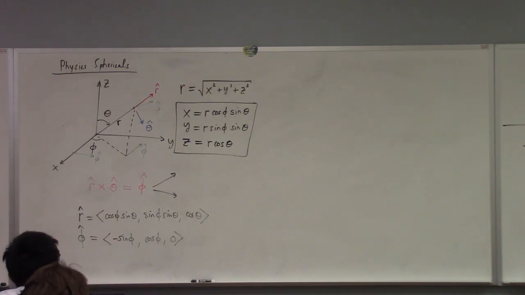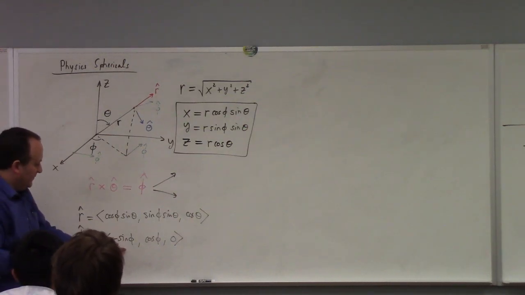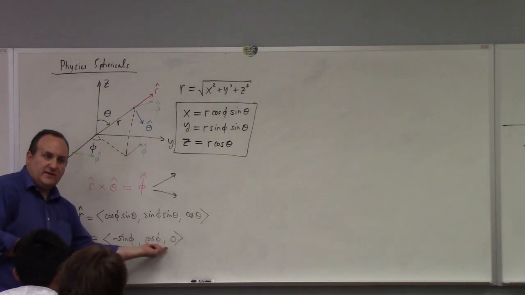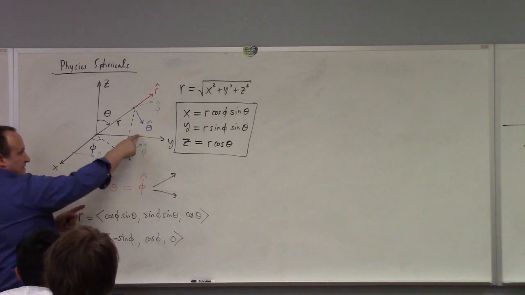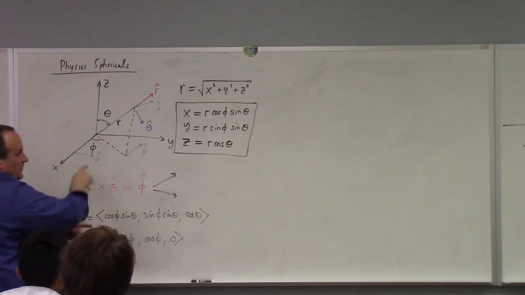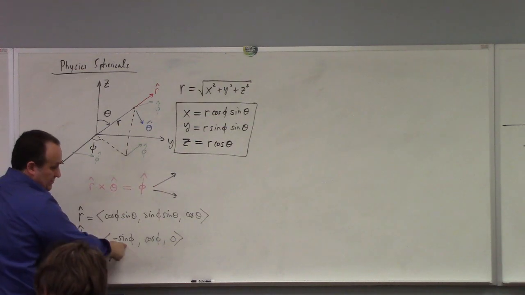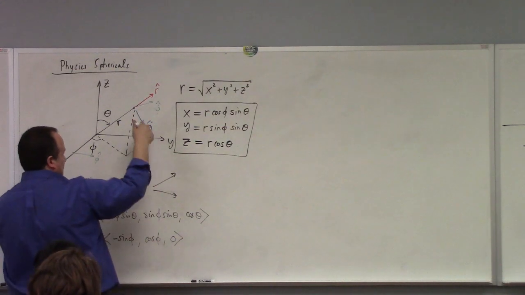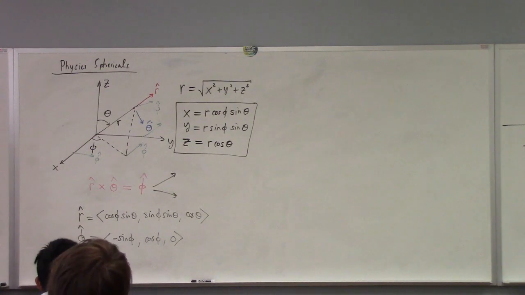All right, so I think that makes sense. When phi is 0, this is 1, so we get 0, 1, 0. That matches this. That's a check on my formula. We get back to here, we're pointing in the negative x direction. When phi is pi over 2, like here on the y-axis, we've got minus 1, 0, 0, which matches this.